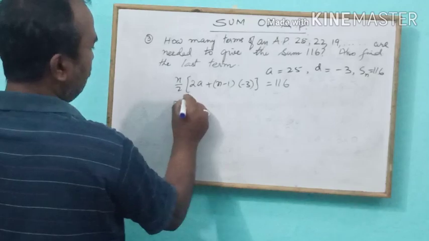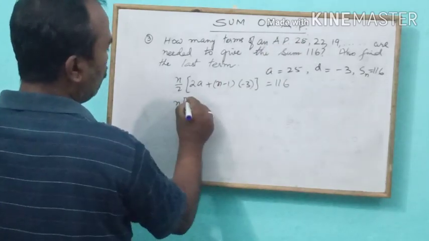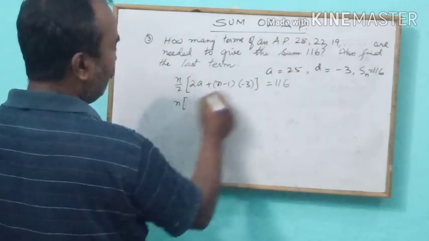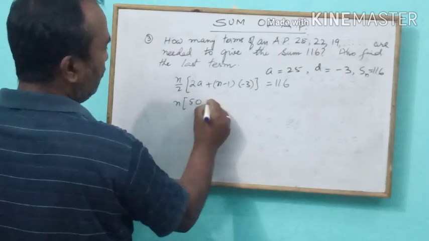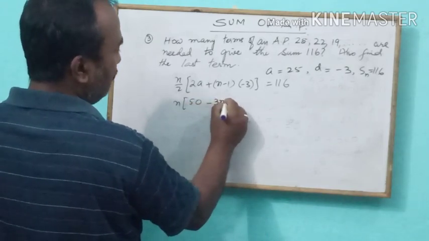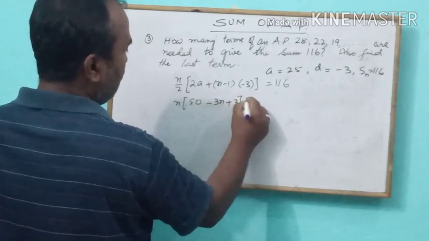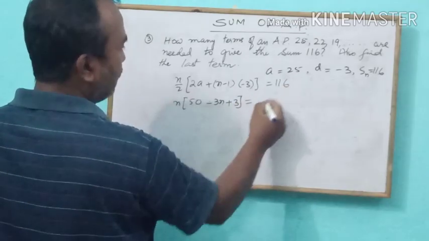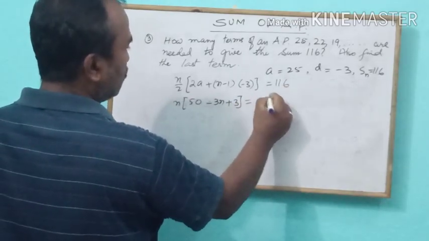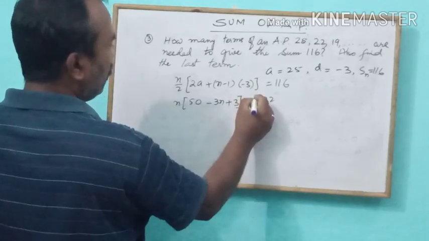So 2 into 25 is 50, I am writing directly, plus minus 3n plus 3, equal to twice 116, that is 232.